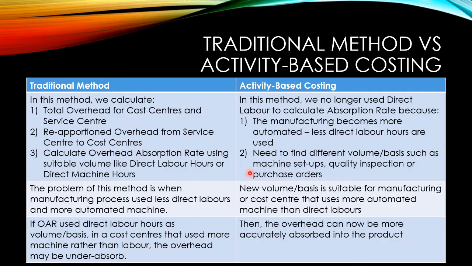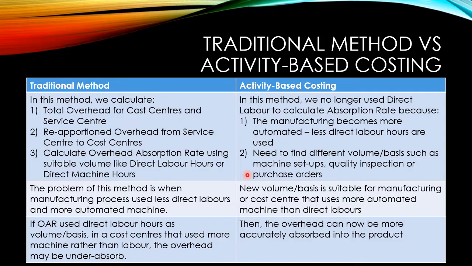Second, we need to find a different basis of absorption or different volume of absorption. Because if you still remember in chapter 5, we have 6 methods of absorption. Okay, either we use the machine hour or direct labor hour or prime cost or direct material value and so on and more.